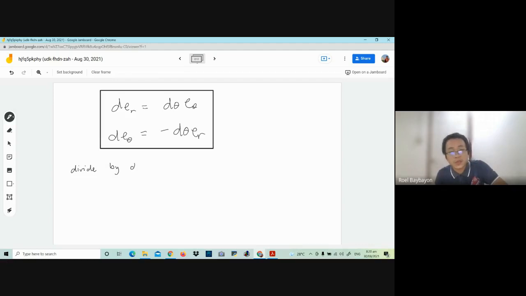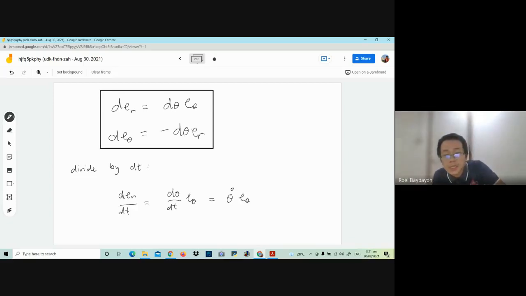Now, if we divide this by some change dt, what we'll get is this: d e_r dt is equal to d theta dt e_theta. So this is basically equal to theta dot e_theta.